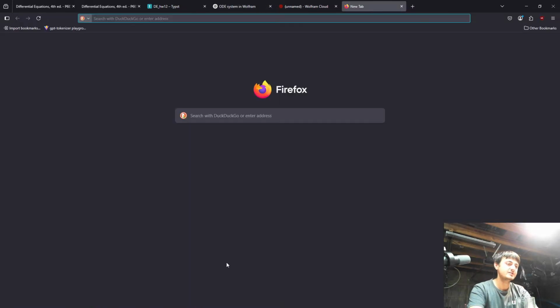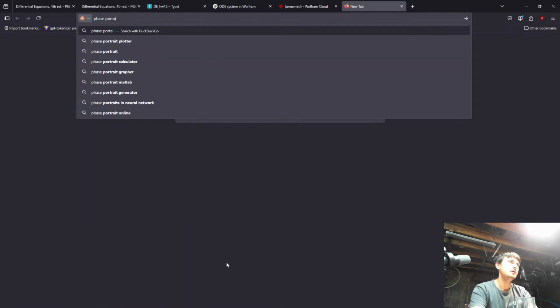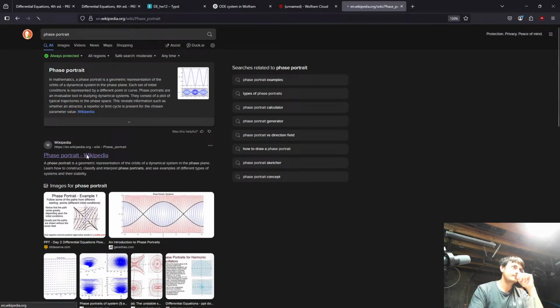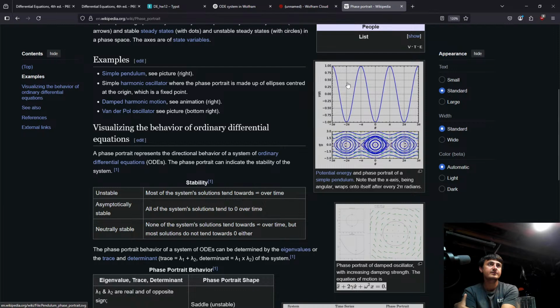I always forget the names of the phase portrait function. See, I hate this graph because this graph is not the phase portrait, right?